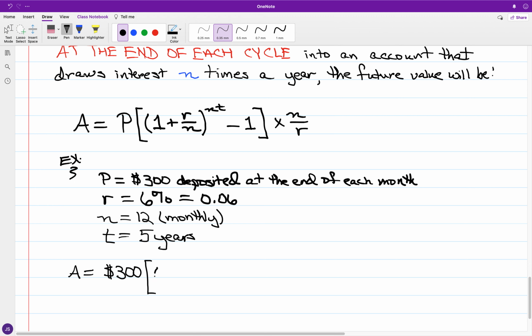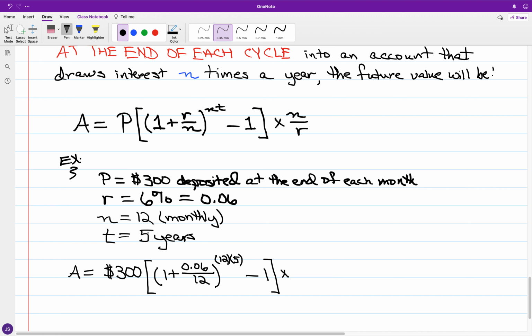And we have times the quantity. Again, so we have 1 plus R over N, so you have 0.06. And we have N is 12. And for the N times T, you have the 12 times 5. We have minus 1.